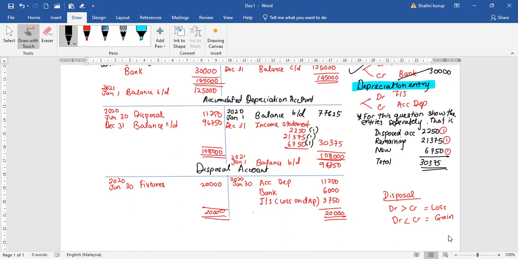If you write 30375, the marking scheme obviously gives it like this, so it's better for us to show it separately. Even if you want to do other questions showing it separately, I think it should not be an issue. But for this one, 100%, you have to show it separately because this itself gives you 3 marks. So I hope you're clear, and that's it. We are done with the November 2021 disposal question. Thank you.